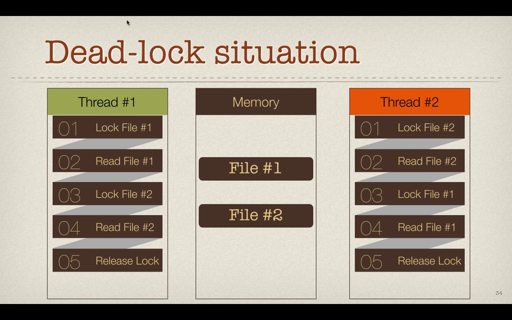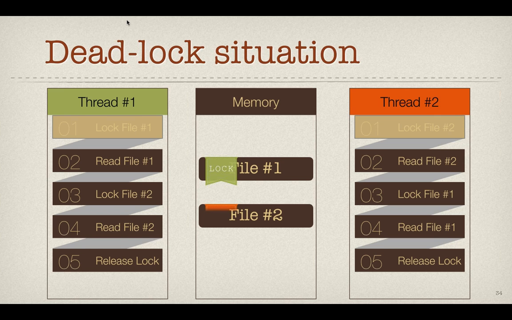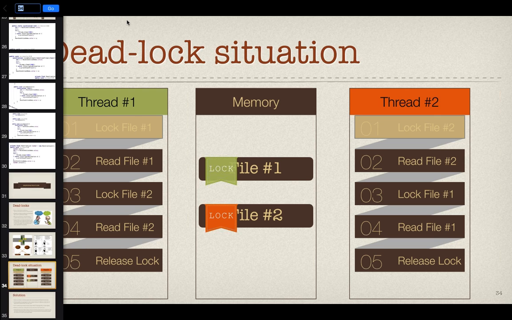Thread 2 will not be able to start until thread 1 has finished its job, which is also kind of what we need. Thread 1 will finish its job, reading and writing at once, and then release at once. Then thread 2 can continue operating. That's how we can solve the problem of deadlock.